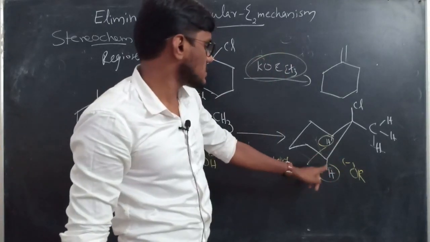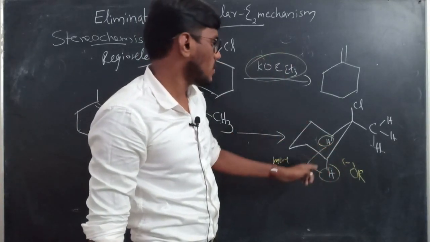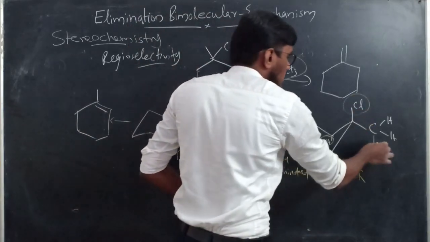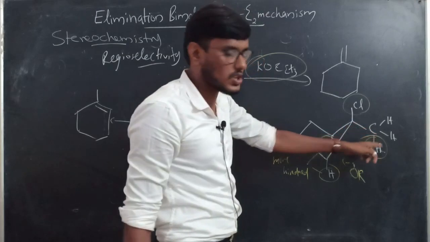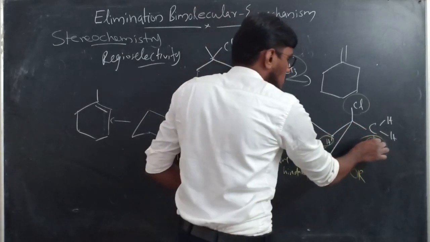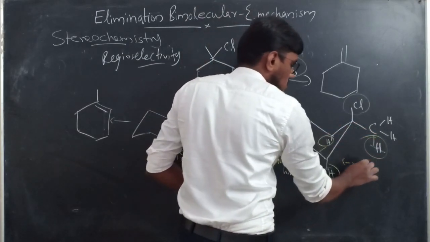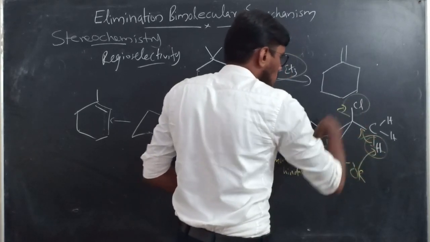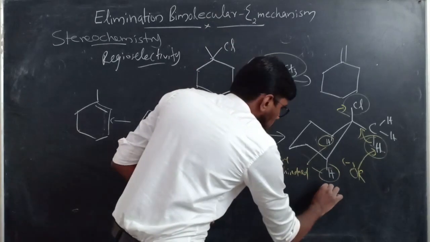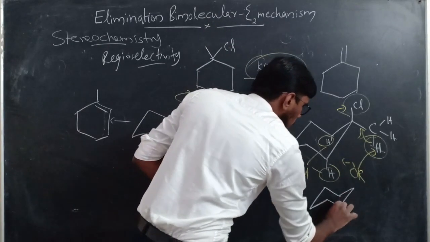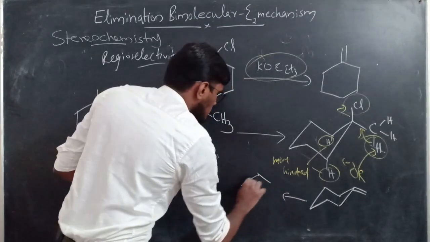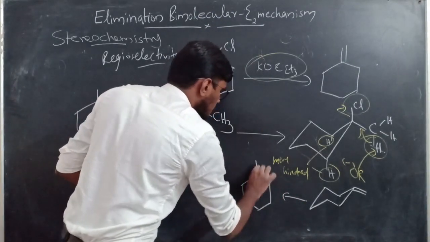These hydrogens are more hindered. And here what reaction takes place? For this Cl, there is an anti-hydrogen in this CH3 group, and the base abstracts this proton, the bond goes like this, Cl goes out, and the product will be like this. Here a double bond forms that is similar to this one.